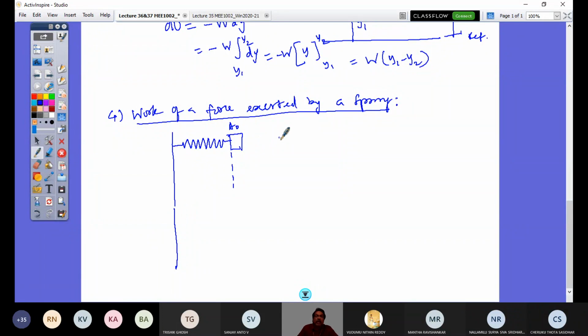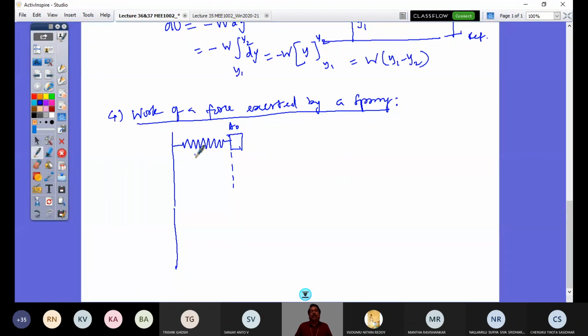Because of that, I'm going to have a force that is exerted in the spring, or by the spring, onto this block. So now let's say this is point A naught, the position where there is no deformation in the spring.